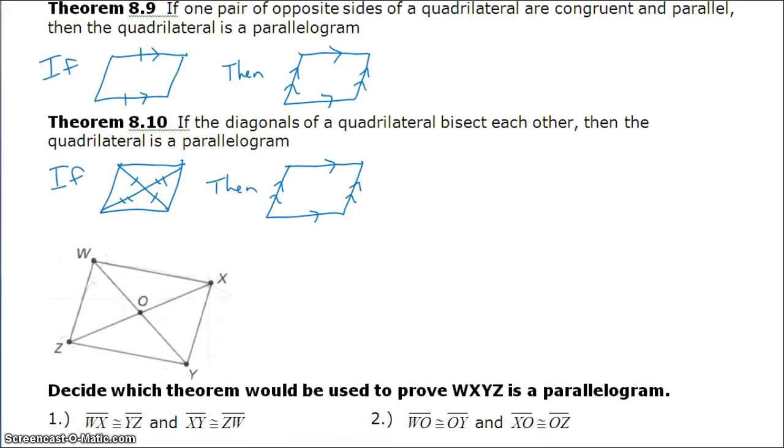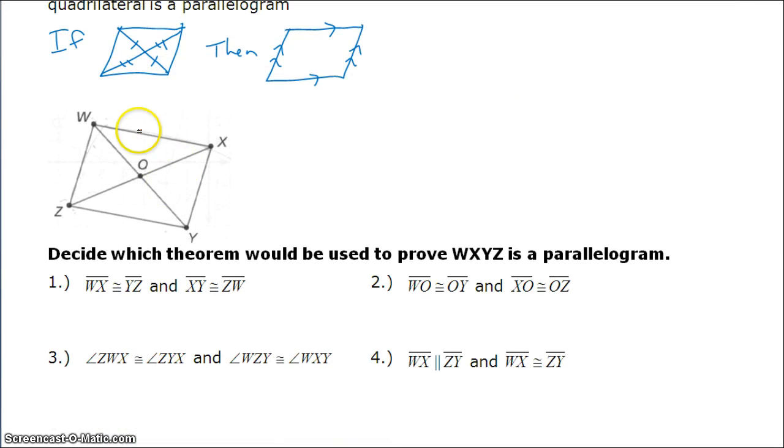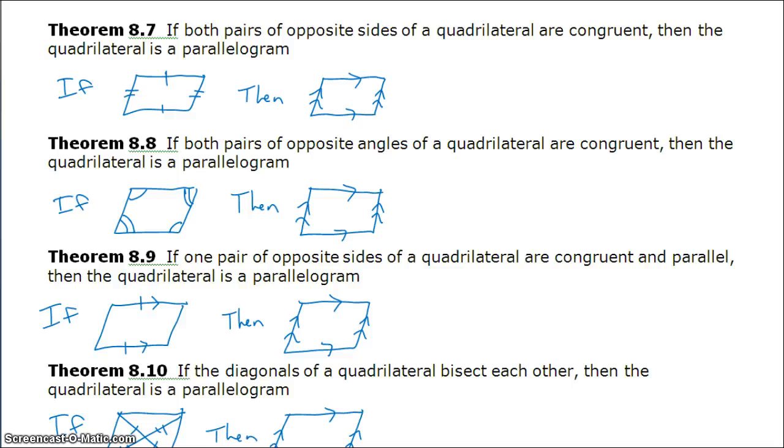Let's look at some examples. In this diagram, if we know that WX is congruent to YZ and XY is congruent to ZW, then that's enough to prove that we have a parallelogram by, well, if we look at our examples, that's going to be Theorem 8.7.